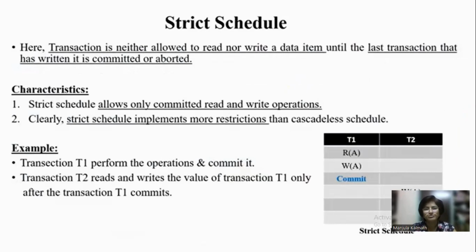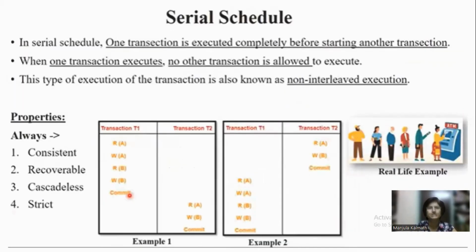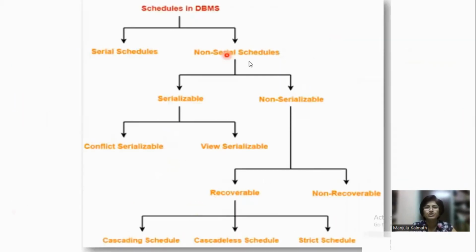These are the different types of schedule classification: serial, non-serial, serializable, and non-serializable. In serializable, to find out whether it is conflict serializable or not, we have the precedence graph and view serializability. When there is a cycle formation in the graph, the result may be accurate or inaccurate.